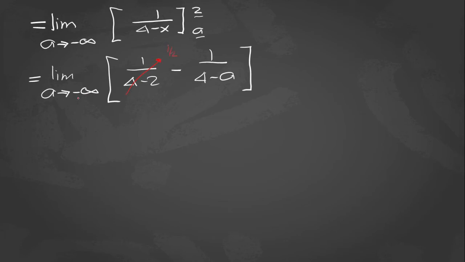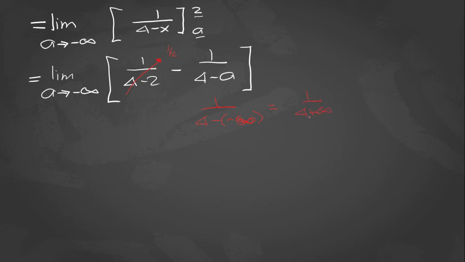And applying the limits to each term, the limit of a constant is still a constant, so it is 1/2, and the limit of 1 over 4 minus negative infinity is equivalent to 1 over 4 plus infinity.